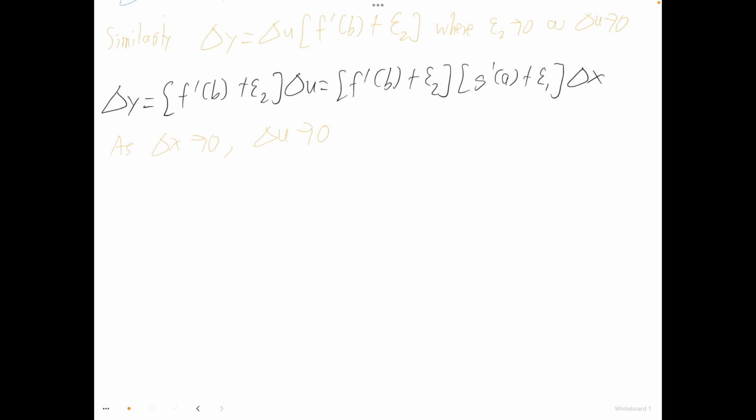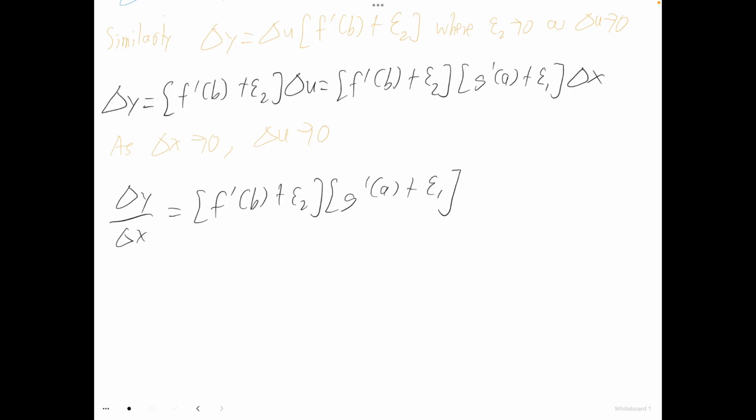Now we want delta y over delta x, because we're going to take the limit of that, that's the definition of the derivative. Just dividing everything by delta x, we have delta y over delta x is equal to f prime of b plus epsilon 2 times g prime of a plus epsilon 1. Now we want the derivative, so we take the limit as delta x goes to 0.